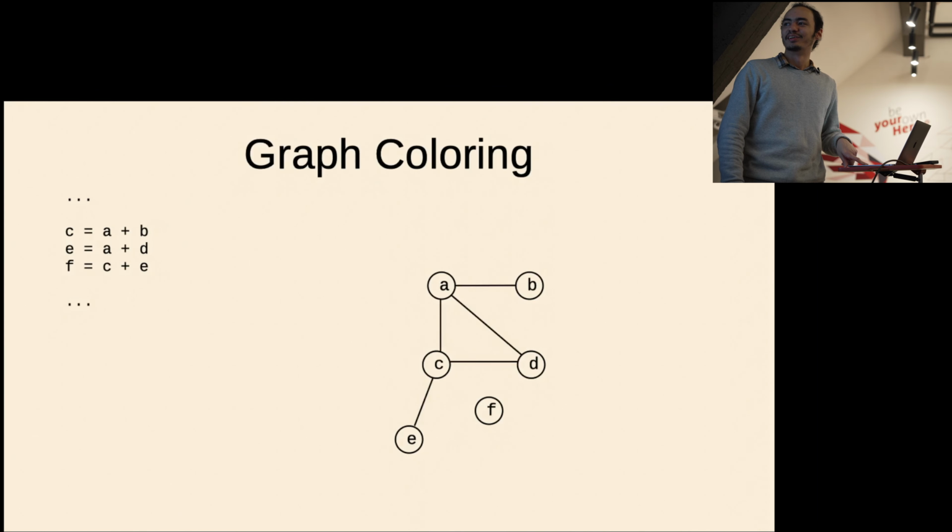Now we have an interesting problem in mathematics called graph coloring, where we assign a color to each node, with the idea that two nodes which have a link between them are not allowed to have the same color.